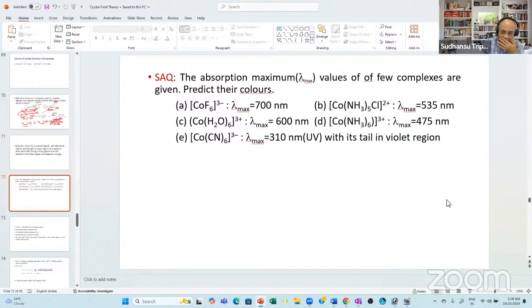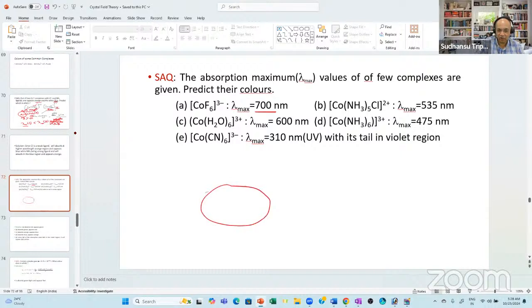Now tell me, see the color wheel. Tetrafluorido cobalt: fluorido is a weak field ligand, so it is absorbing at a lower energy, higher wavelength. So what region does 700 fall in?